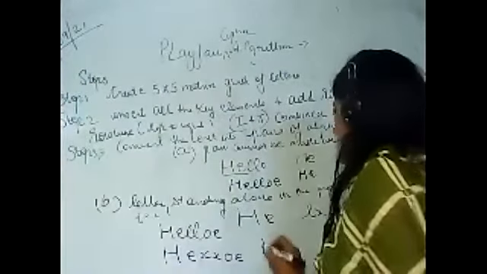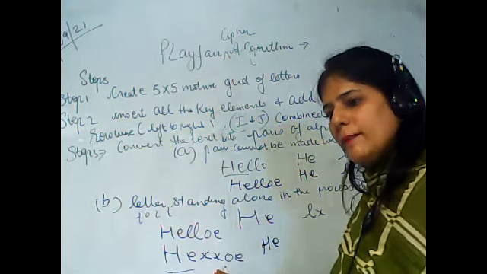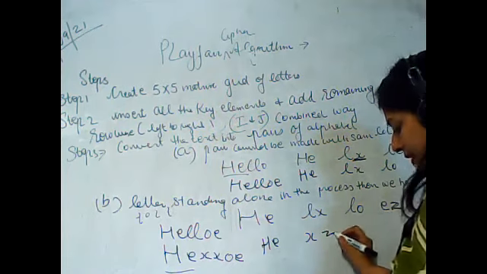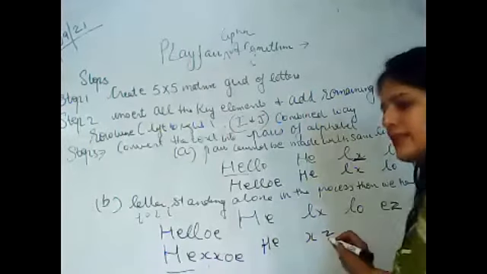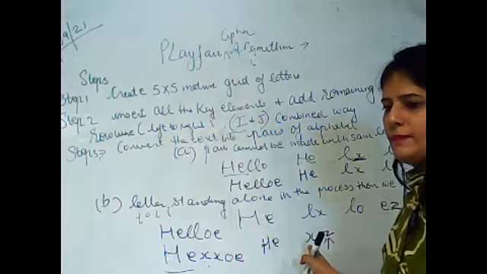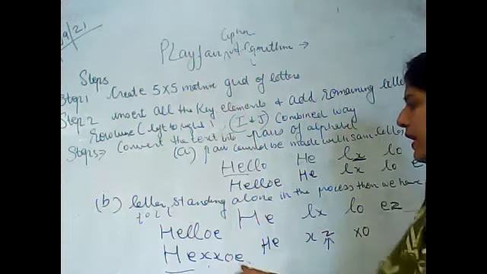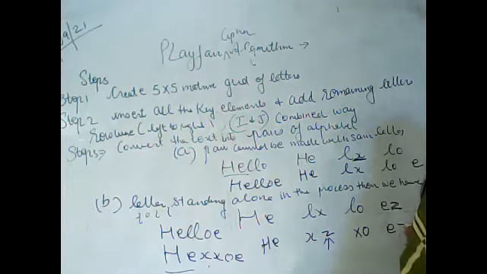So what we will do is add like this: H, E, these are the first two pairs. Now both letters in the next pair are same, so we will add X, Z. With this particular X, I am adding this Z. Why so? Because already we are having that X. Now we are left with X again. So we are having X O, and the last one is E only. This is a single letter. We will add E Z.